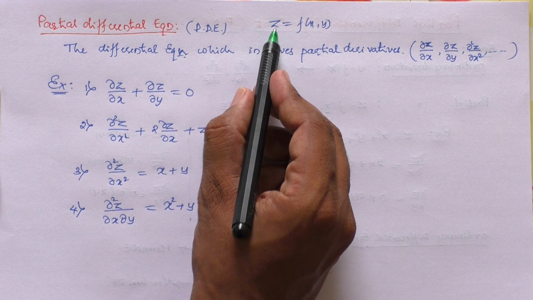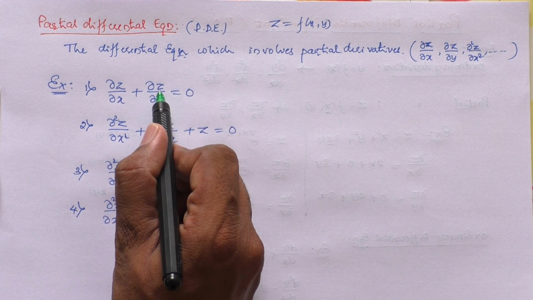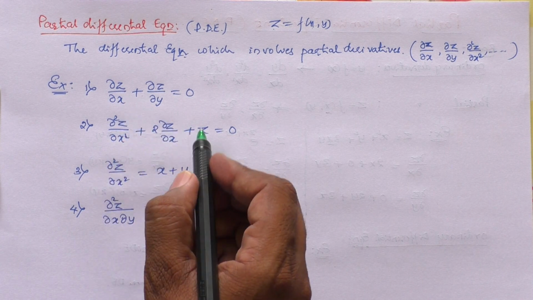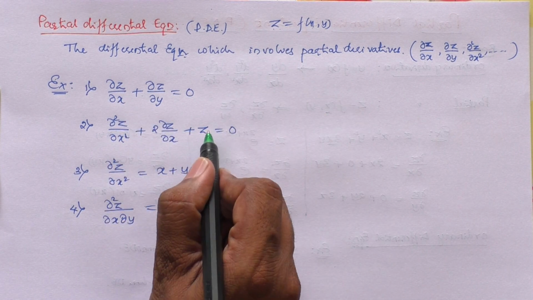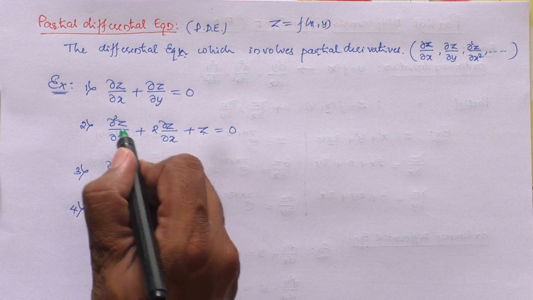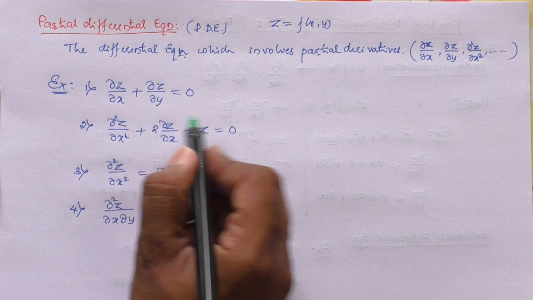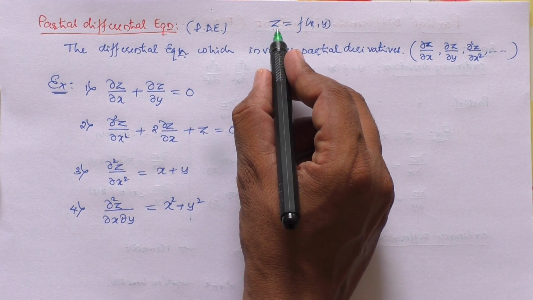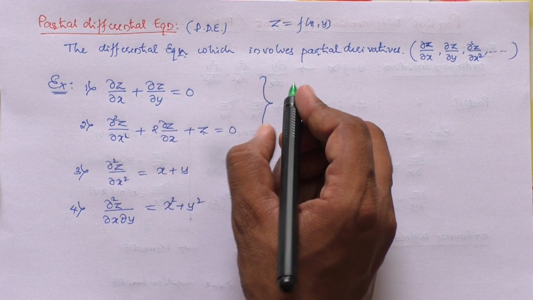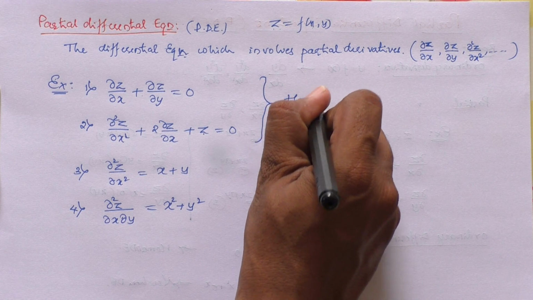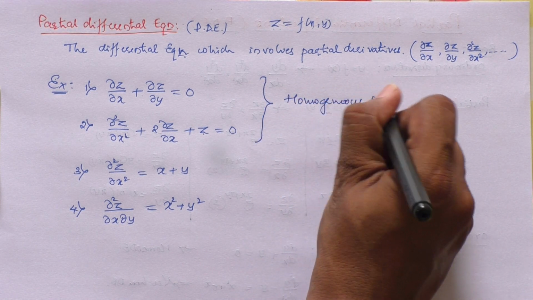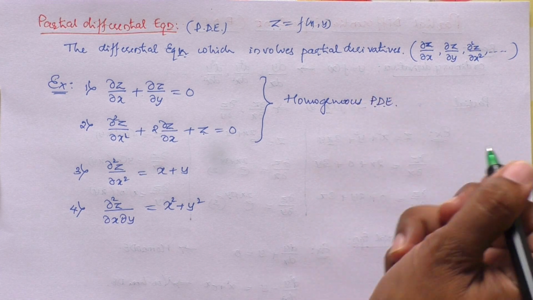The first equation has z, dou z by dou y, dou z by dou x, derivatives of z, only the dependent variable. Second example, z and derivatives of z. So the first two examples have only z and its derivatives. It is called homogeneous PDE, homogeneous partial differential equation.